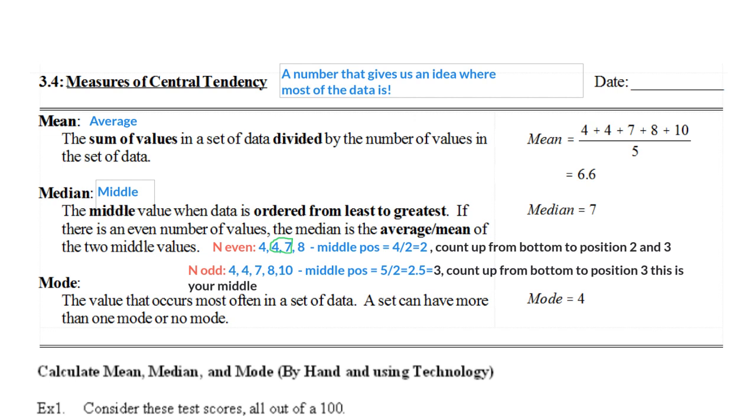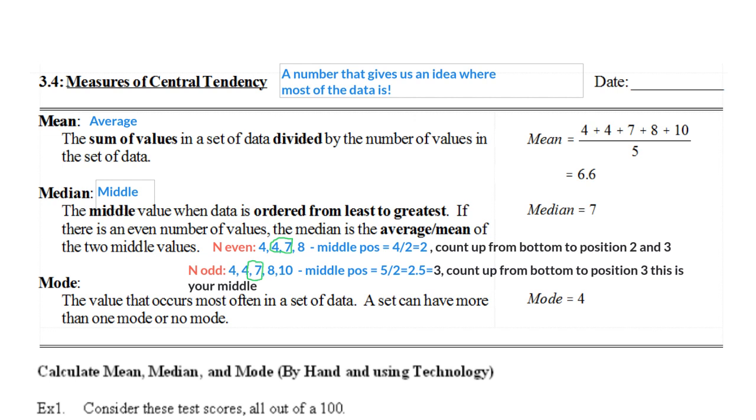So all you have to do is count up from the bottom to position 3, and this is your middle number. We count 4, 4, 7. So 1, 2, 3. So 7 is our middle number, and that is how we got the median of 7.